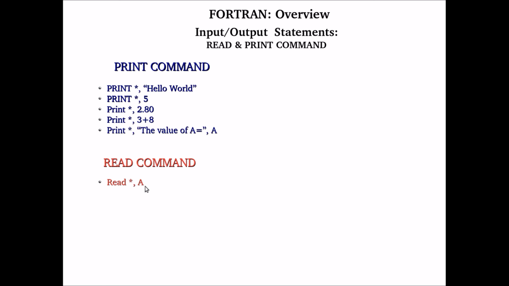And a means it is some memory location. So whatever the user enters through the keyboard during execution of the program, that will be read in and stored in a memory location named a. We can later on access that memory location with the help of the print command. Whatever has been stored in a, that will be printed this way. So let us try this.